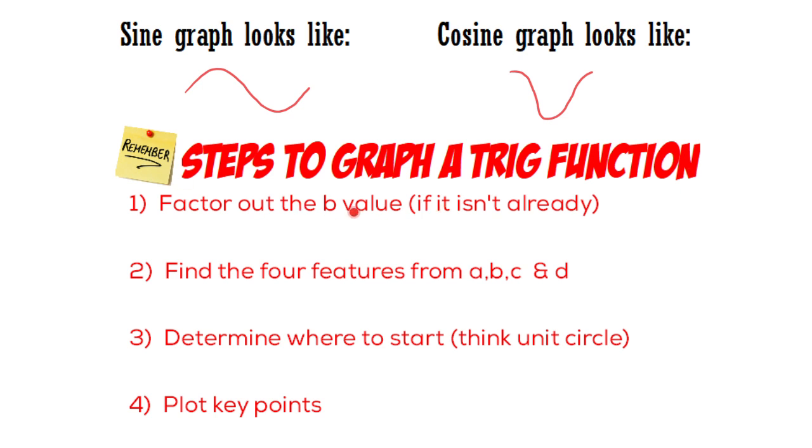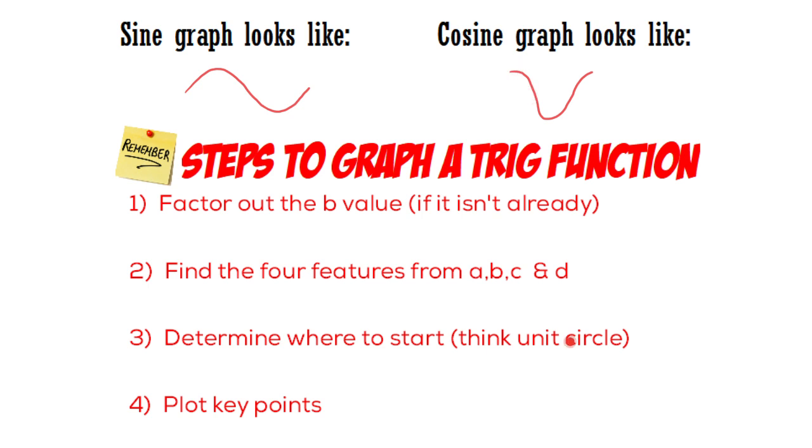First thing, we can't forget to factor that B value out. Sometimes it already will be, but most of the time probably not. And then you're going to go through those 4 features that you get from the A, B, C, and D. Now, determine where you want to start. Now, really that's back up to this. Sine starts in the middle and heads upward, or cosine starts at the peak.